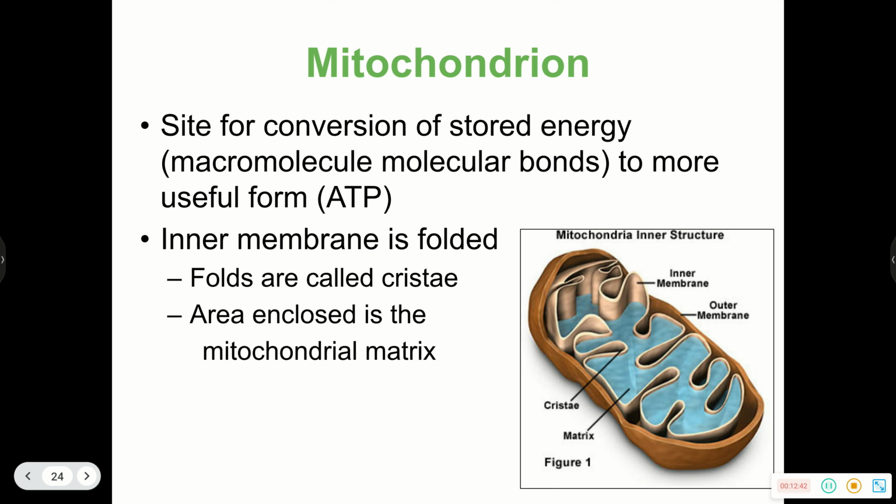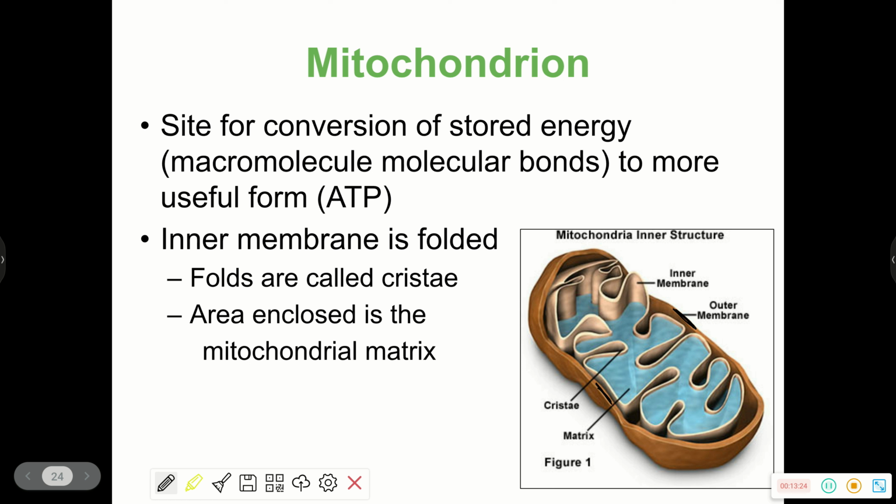This inner membrane is called the cristae. It's folded, and those folds are called the cristae, and the area enclosed within it, this blue area, is called the mitochondrial matrix. The mitochondria kind of looks like a long lima bean. You have the outer membrane of it right here.